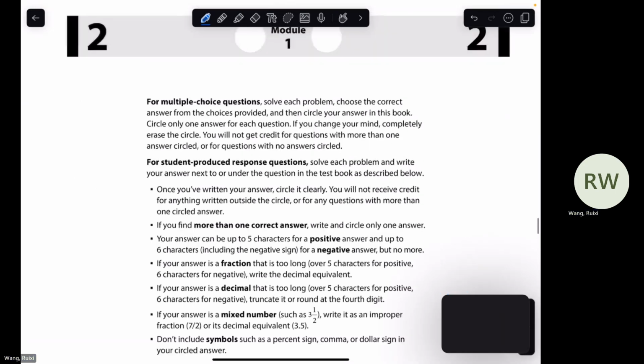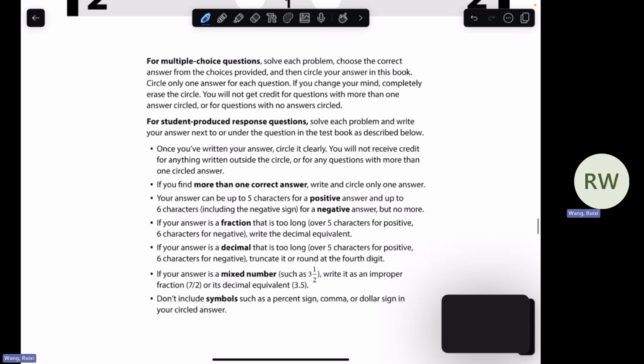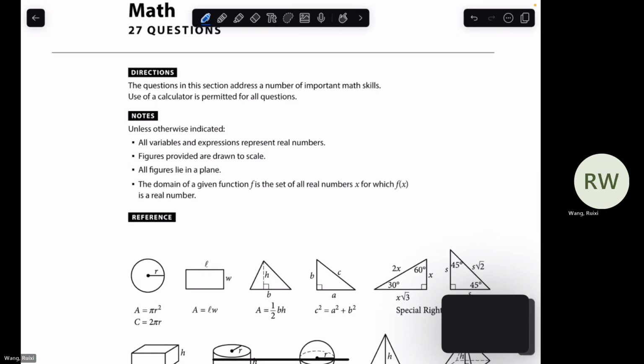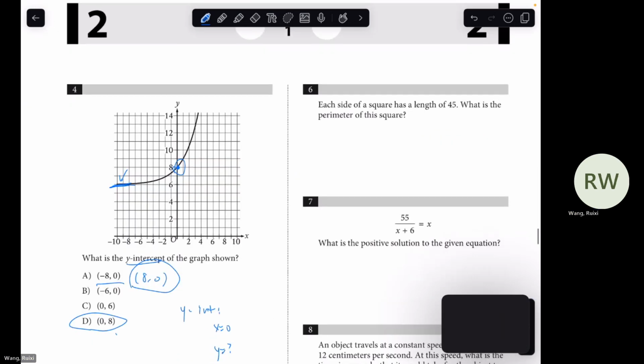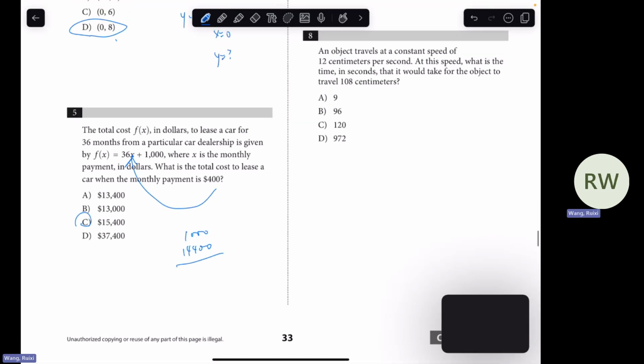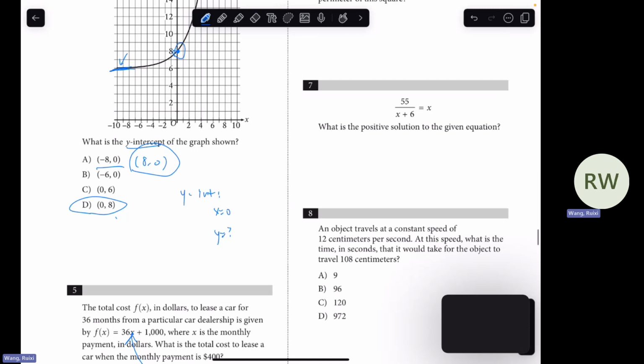Let's take a look. So, it's permitted, so you can use a calculator. But if you don't want to, it's totally fine. Just add these two numbers. Make sure you're multiplying it correctly.